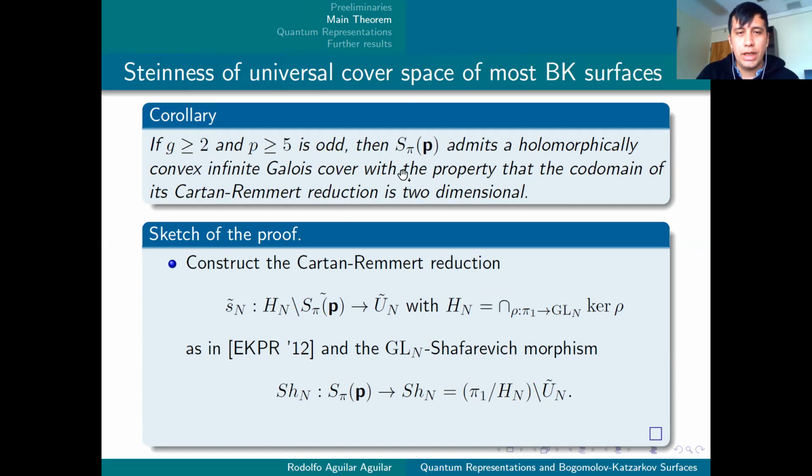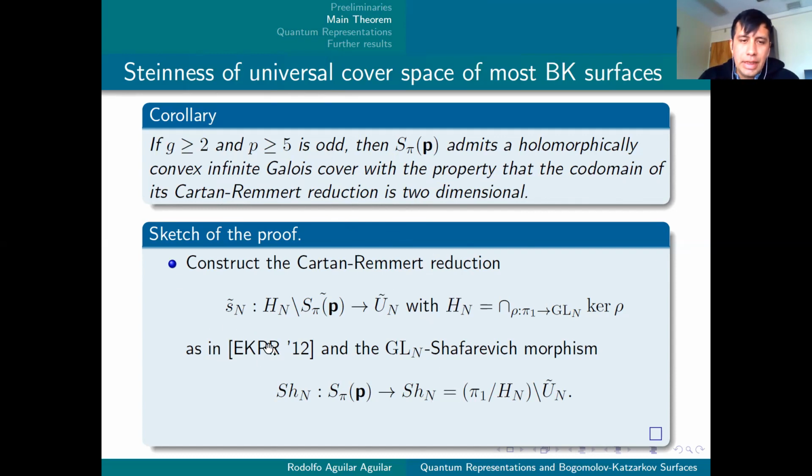So this Galois cover will have the property that the codomain of the Cartan-Remmert reduction is two-dimensional. And this will be one of the first steps into proving that the universal cover is holomorphically convex. So let me make a sketch of this proof.